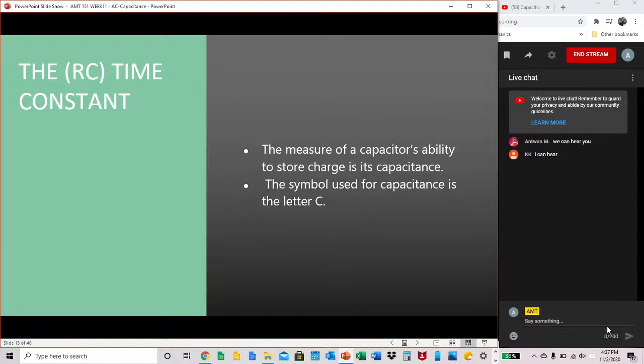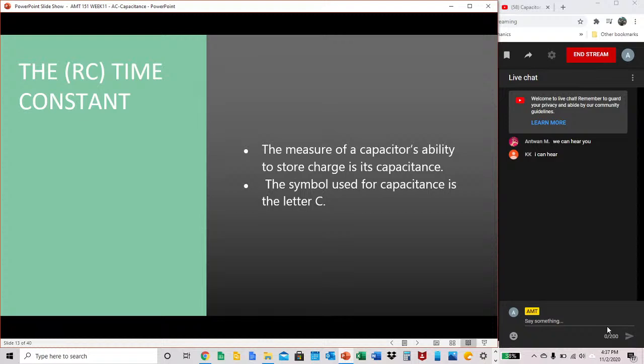The measure of a capacitor's ability to store charge is its capacitance, and the symbol used for capacitance is the letter C. Side note, don't confuse the letter C used for capacitance with the letter C used for coulombs.